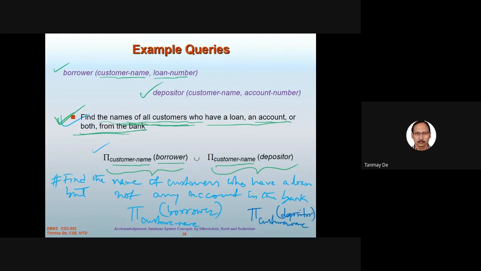This one is the list of customers who have a loan, and this is the list of customers who have an account. In between them, what operation needs to be performed to answer this query?